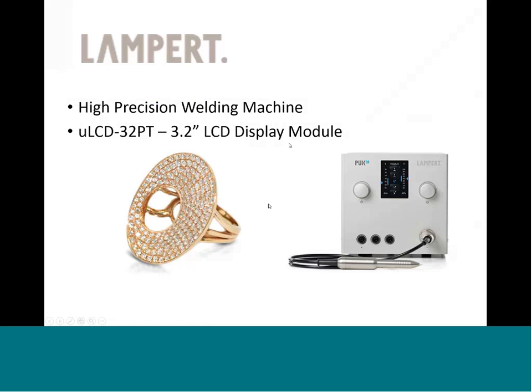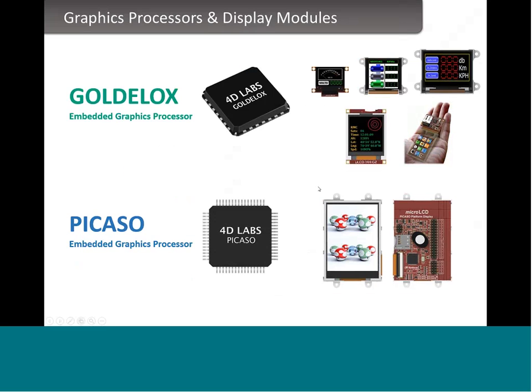And here's also one of our German customers who makes high precision welding machines. In the device, they've used our 3.2 LCD display solution to make their design faster and easier to do. So about our products, we have two main graphics processors at the moment, and a third one underway.